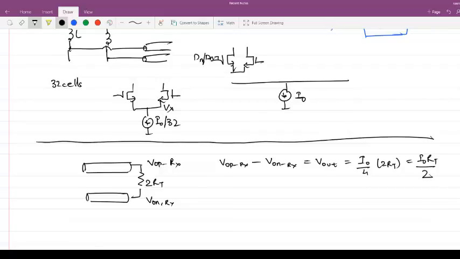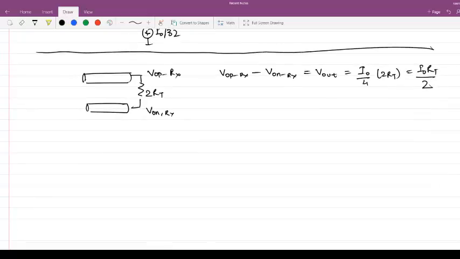So what is the easiest way to generate the same swing with I0 by 4 current on the transmitter side? If I have a current, this is what I need ideally to launch I0 by 4 current, and I will generate the same swing as what I am generating with the CML output driver.